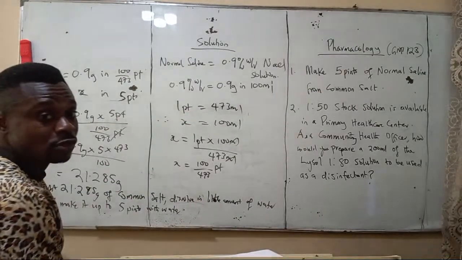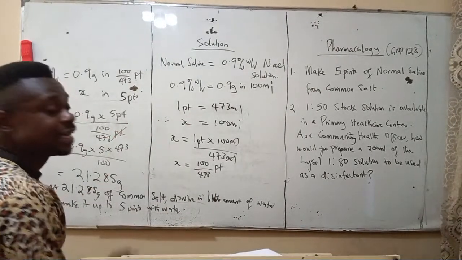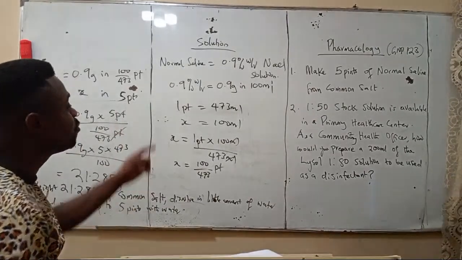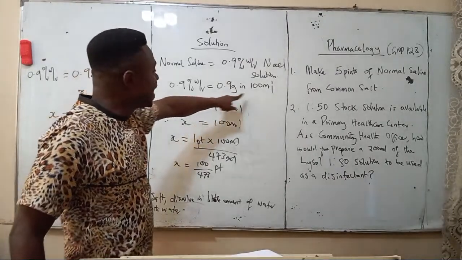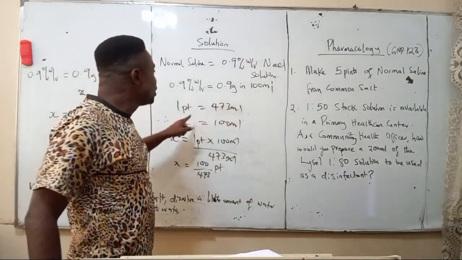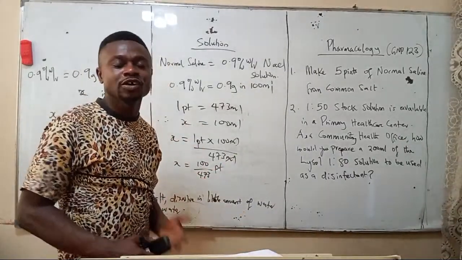So I moved down to 473 ml. I said that 1 pint is 473 ml. In the one I solved initially, I said, okay, if we have 0.9 gram of sodium chloride in 100 ml, how many do we have in 5 pints? But pints and ml are not the same unit, even though they both measure volume.